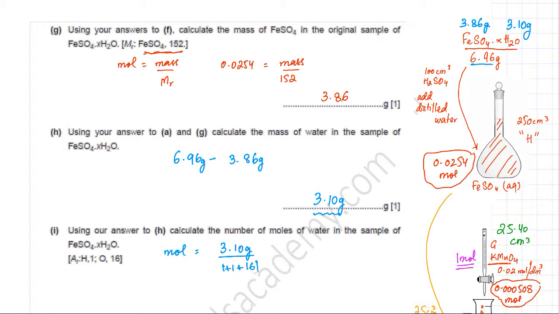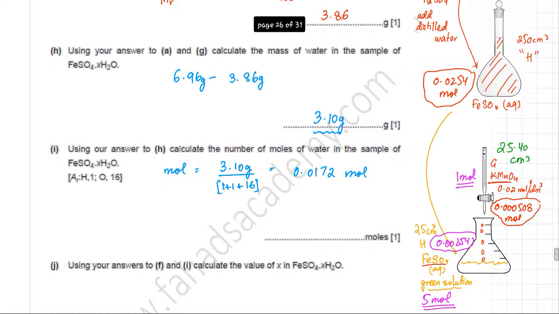So this is the Mr of H2O, and the answer that I'm going to get is going to be 0.0172 moles. So that is the quantity of water in terms of moles.